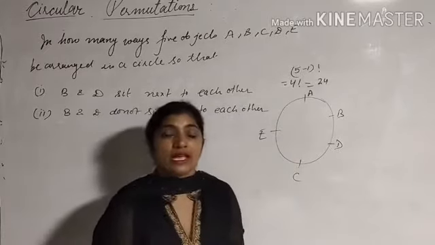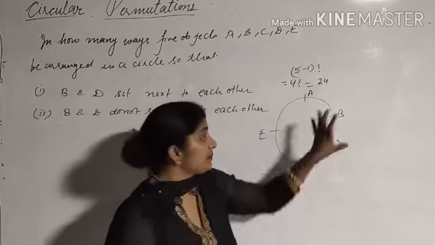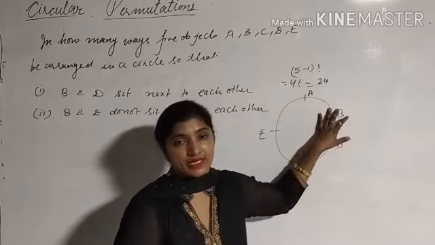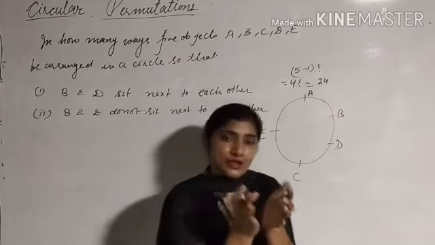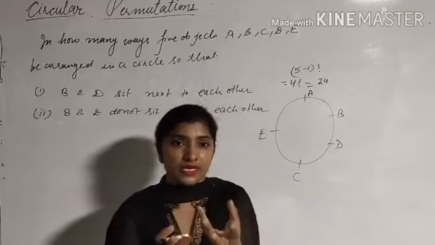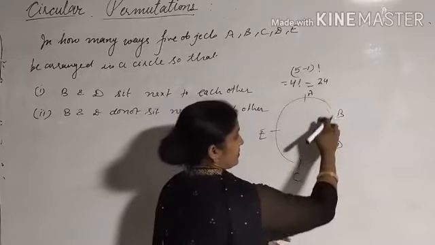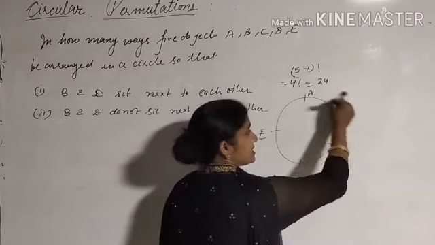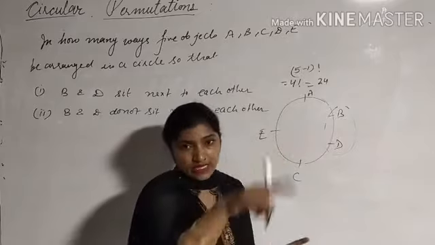Okay, now every time you arrange these 5 objects on a circle, B and D must come together, right? B and D come together, so you can take B and D jointly as a single object and then arrange. That means you have to arrange only 4, assuming these as one slot. So you have to make arrangements of 4 things around a table.